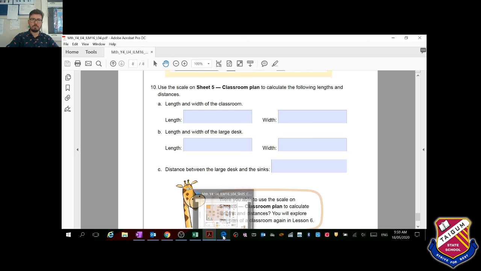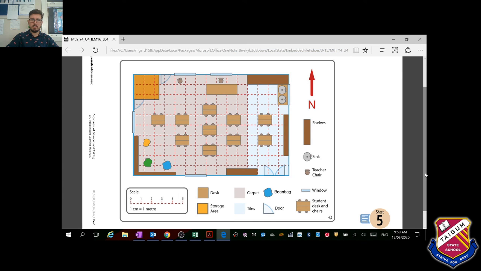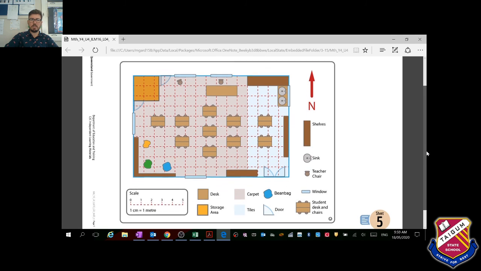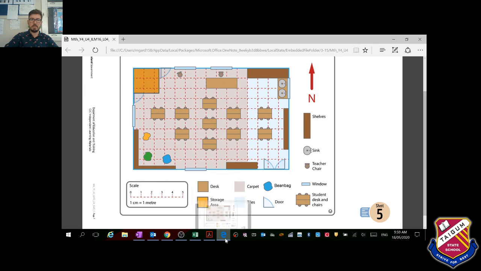So the length of the classroom is 1, 2, 3, 4, 5, 6, 7, 8, 9, 10, 11, 12, 13, 14, 15 meters in length. 1, 2, 3, 4, 5, 6, 7, 8, 9, 10 meters in width. Remember, length is always bigger than width.